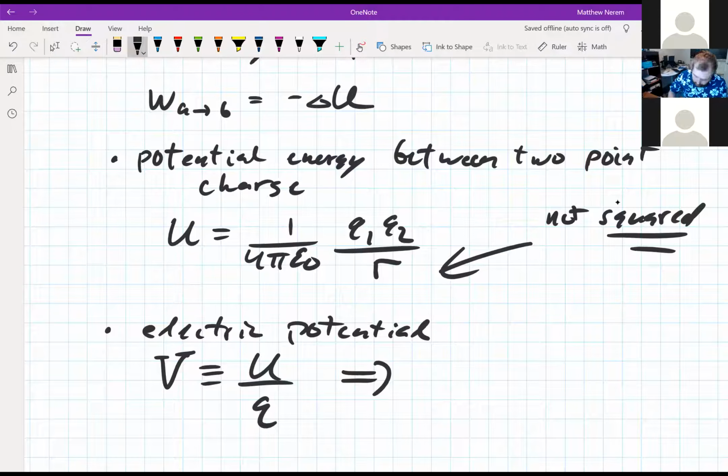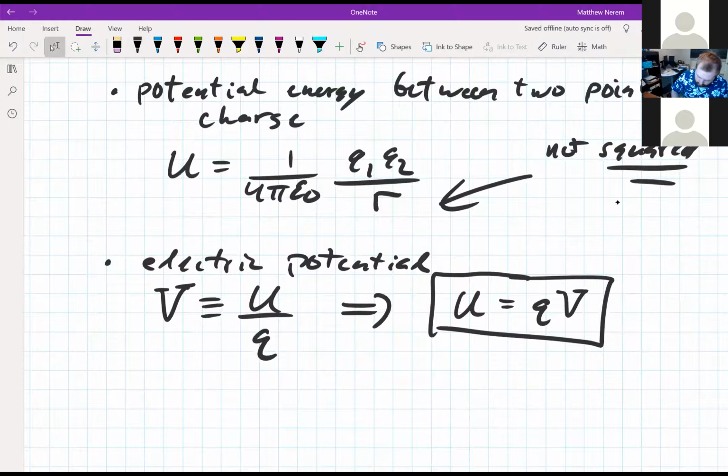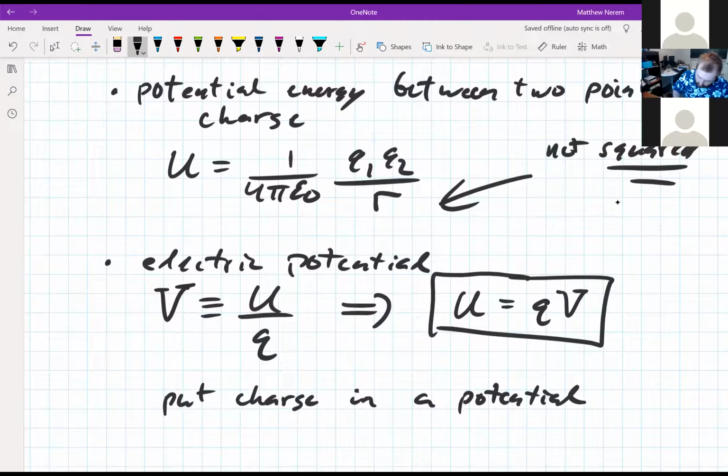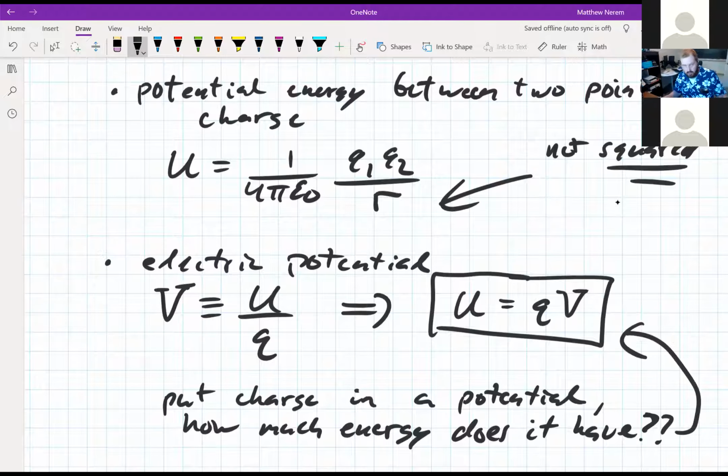We'd say, look, the energy of a charge inside some potential, right? How much energy does it have? There's your answer.